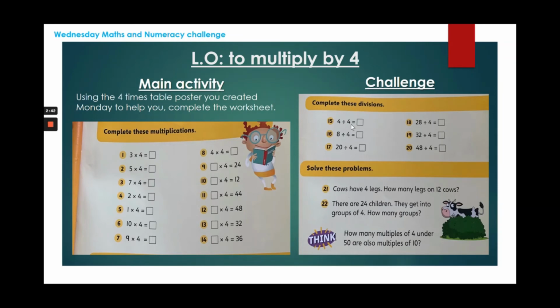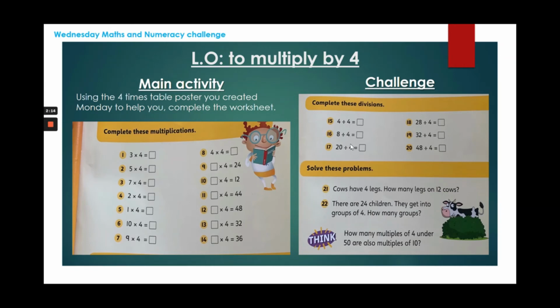So it's asking us to do our 4 times table, and I'm going to stop when I get to 4. Use your fingers again. Let's start. 4. Oh, I stopped already. How many fingers do you have up, boys and girls? Well done. I've got one up as well. So 4 divided by 4 equals 1, because 1 lot of 4 goes into 4.